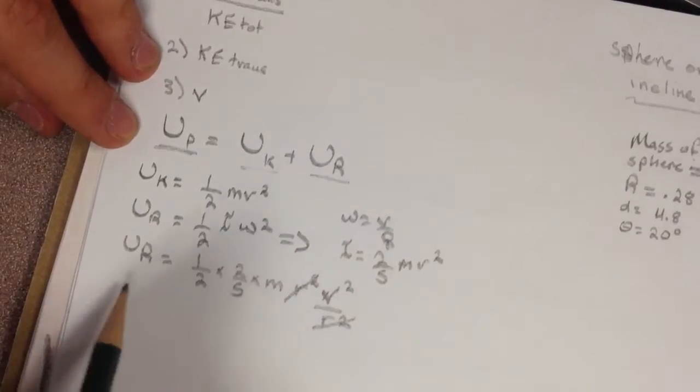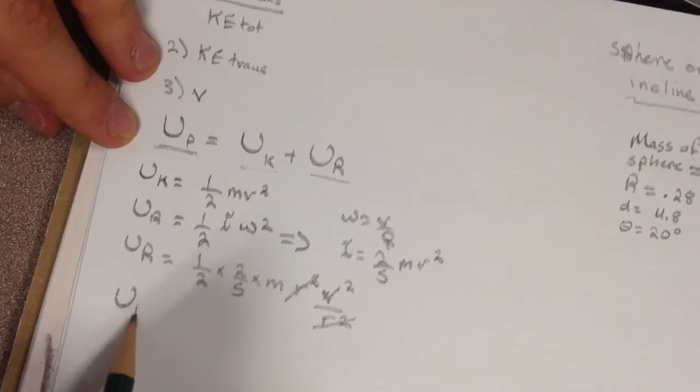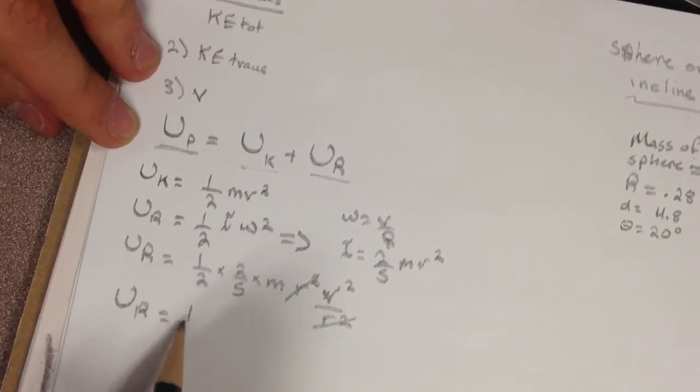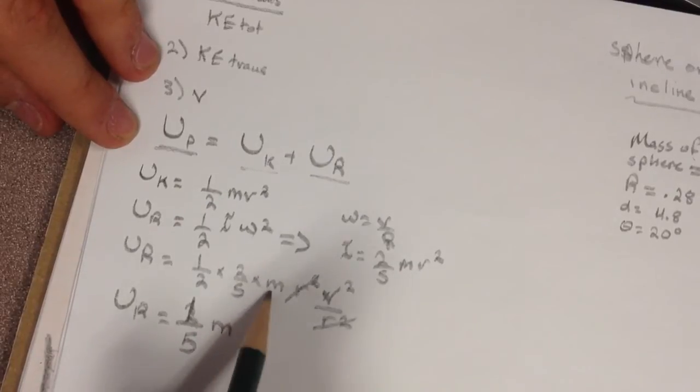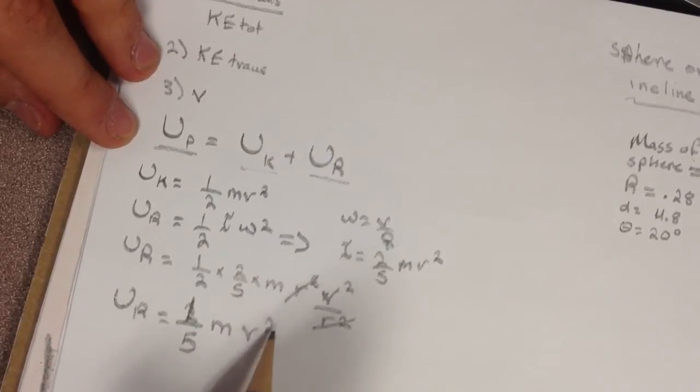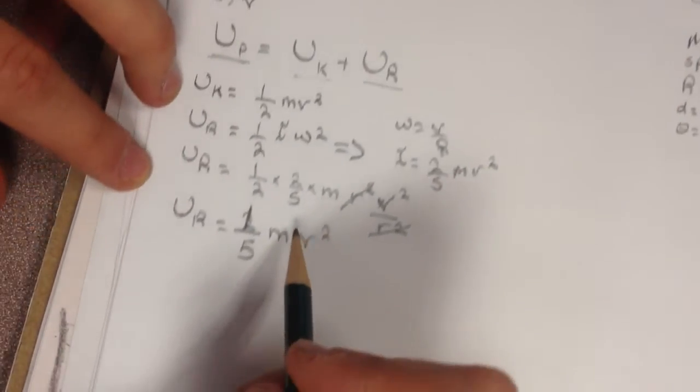We can cancel the r's, so KR will be equal to 1/5 mv squared.